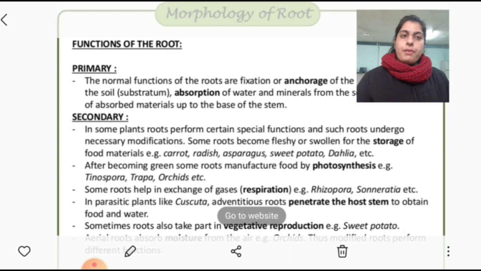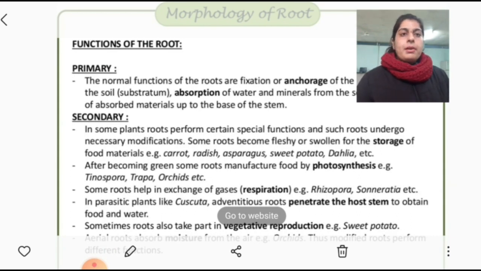The secondary functions of the root include storage of food materials. Some edible roots are carrot, sweet potato, radish, turnip, and beetroot. They are all roots that we take in our diet and they contain stored food material.